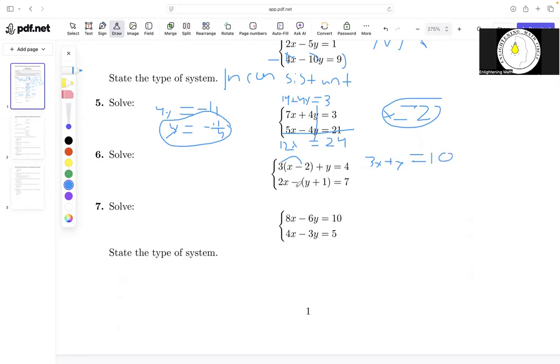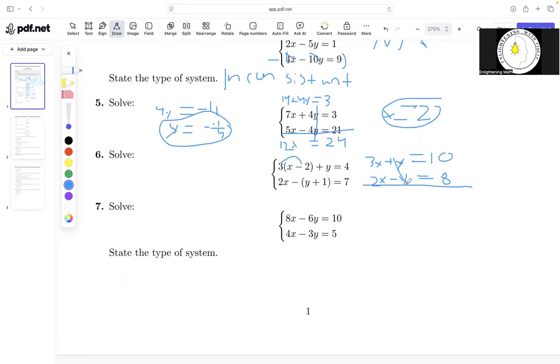And then same thing for the bottom one. We have 2x and then minus y minus 1, but we just want to get rid of that 1, so let's add 1 to both sides. 2x minus y equals 8.